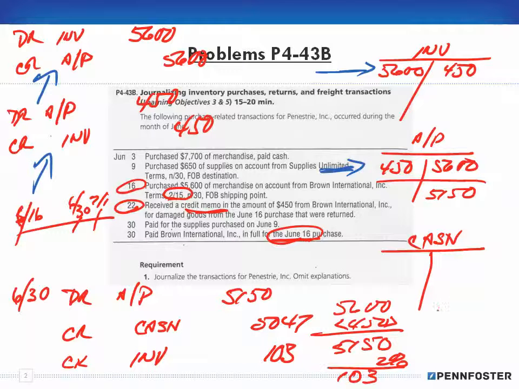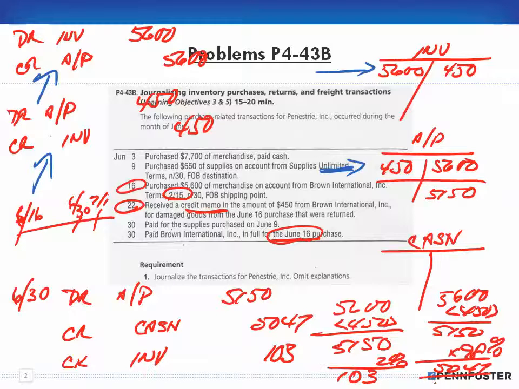So I could also have taken the 5600 less 450, which gave me 5150, and then multiplied that by 98% in order to know how much to pay. Why? 100% less the 2% discount gives me 98%, and that ends up being $5,047, which is what I would have ended up paying in cash.